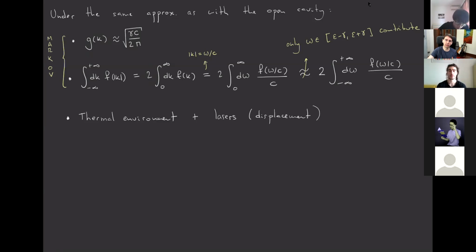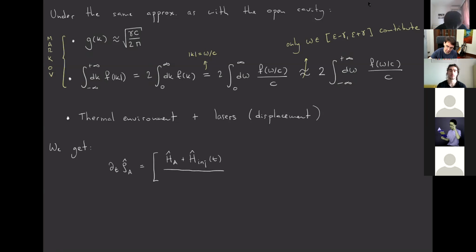So if you do these approximations, which are exactly the approximations that we did for the cavity, but now for the atom, we get a very easy master equation, which is very similar to the one that you found in the cavity. So in particular, this will be the master equation that we get for the atom. So let me write it down. So we have the Hamiltonian of the atom, then we have an injection Hamiltonian, just like we had for the cavity.